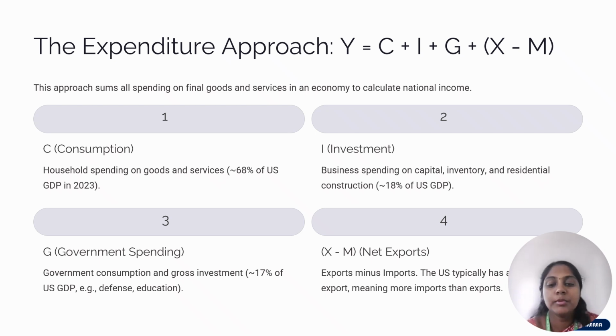Exports minus the imports will give us the net exports. In this expenditure approach, we can calculate the national income by adding all the consumption, investment, government spendings, and net exports.